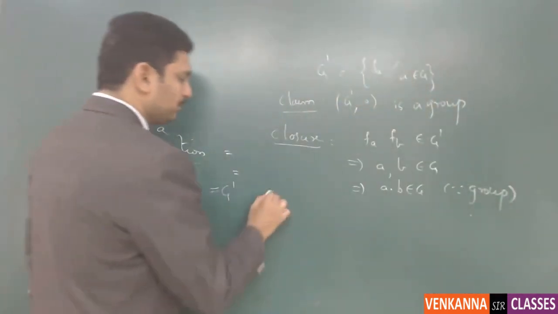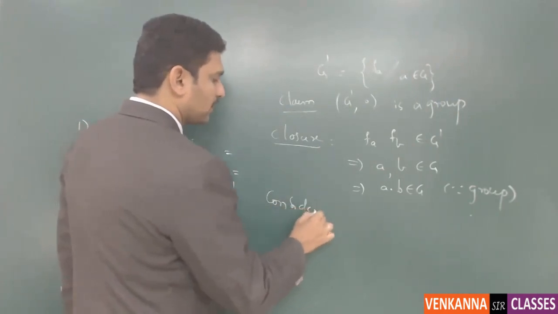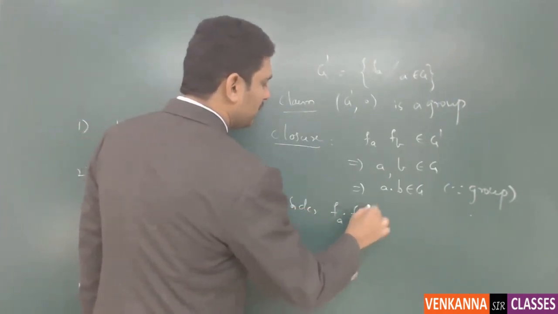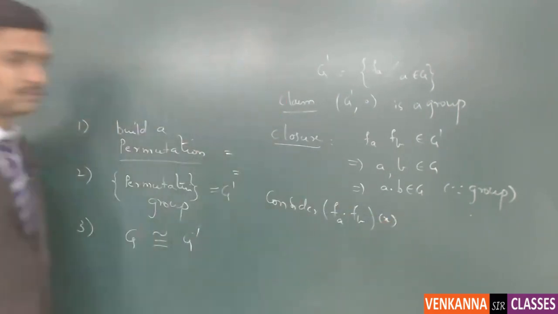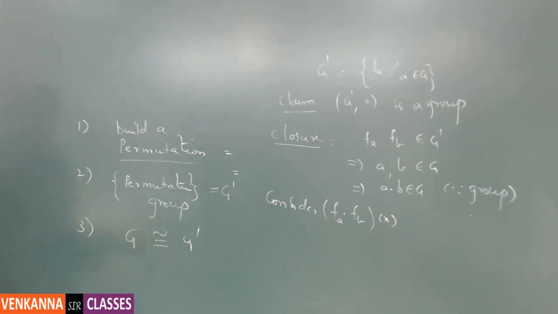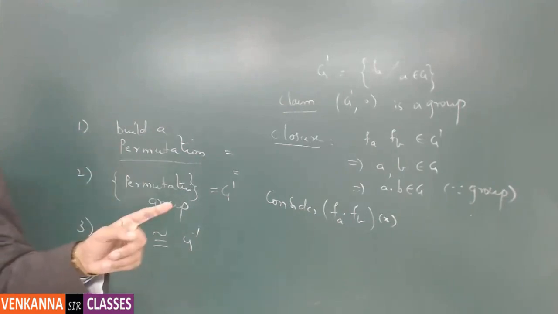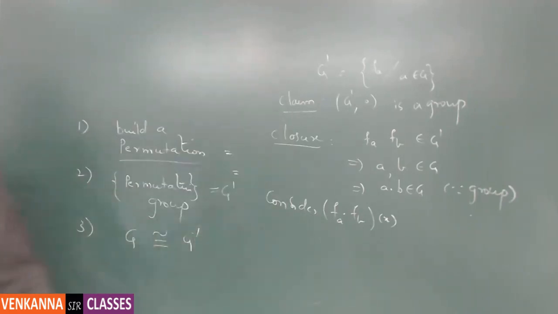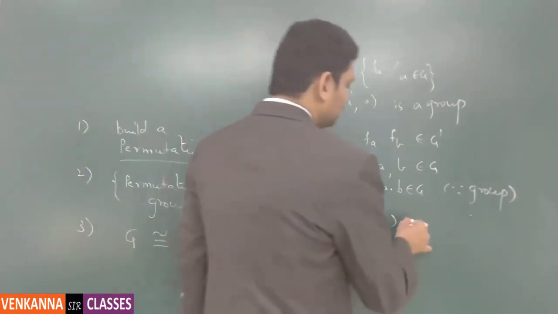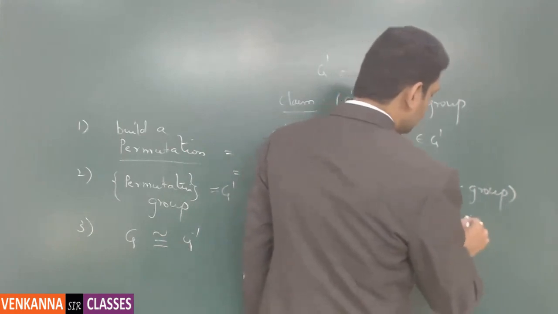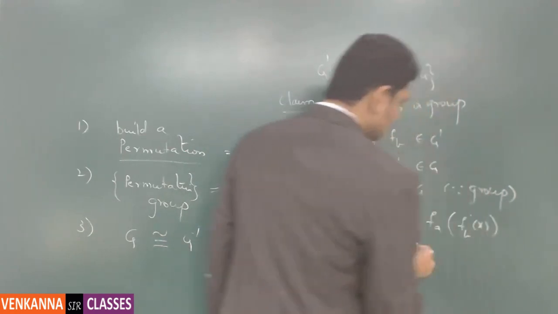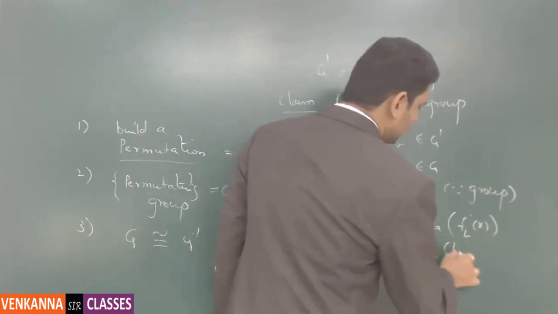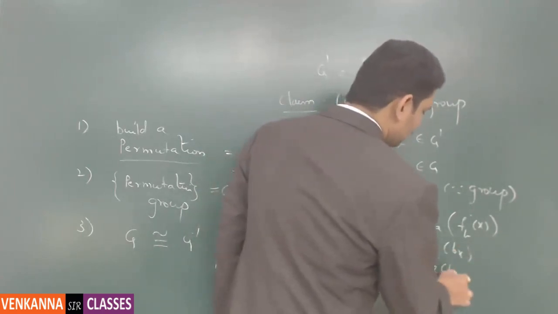Now you consider FA dot FB at any point X. Because our intention is, if you consider 2 permutations, the product of them is also a permutation that also will belong to G dash; that you need to show under the closure law criteria. So it is nothing but FA of FB of X equals FA of BX, by definition. Again, by definition, it is A into BX.